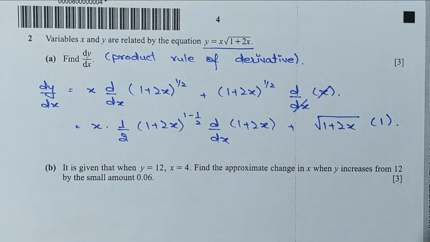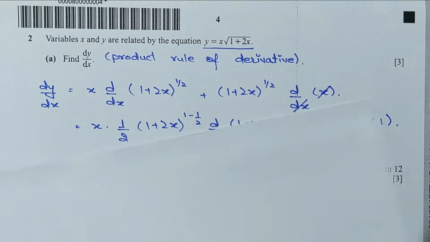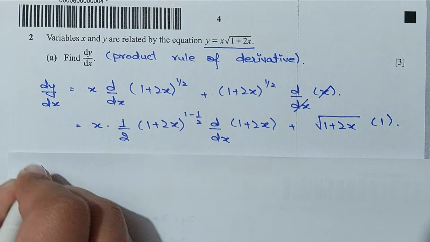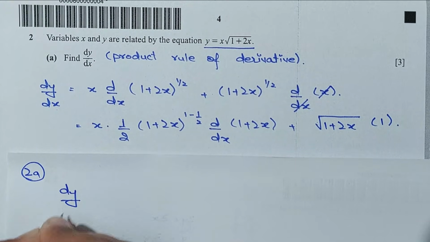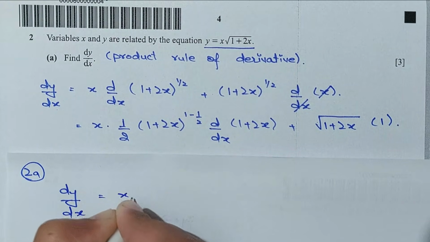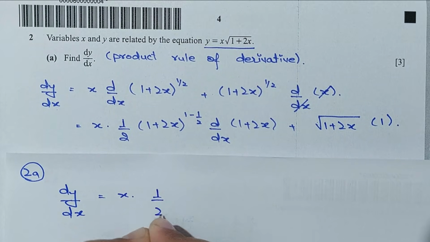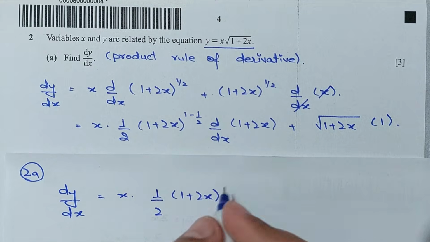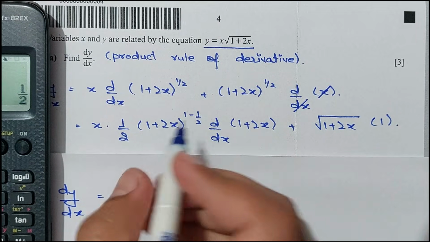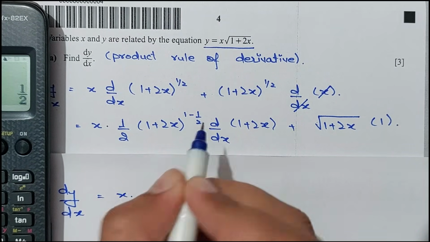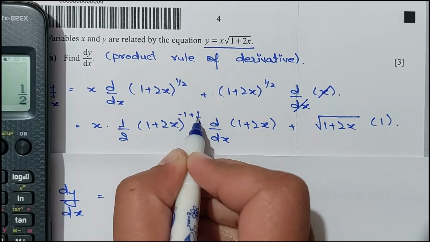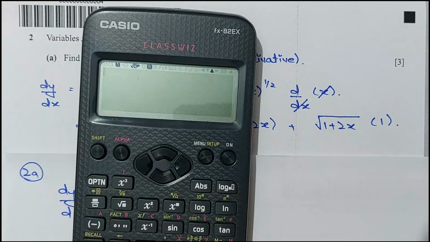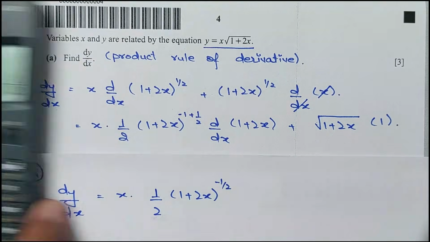All right, for further simplification, let me use a separate sheet of paper. Question 2a. Remaining dy over dx is x times 1 by 2, 1 plus 2x to the power minus 1 by 2. Sorry, I messed up over here. Power of base, power minus 1. So the power is 1 by 2 and then minus 1. That is the rule. So 1 by 2 minus 1 is minus 1 by 2.